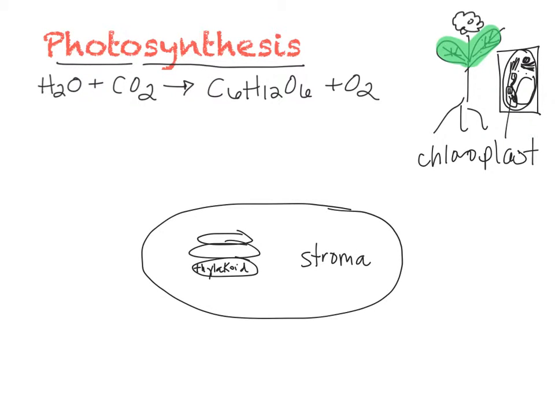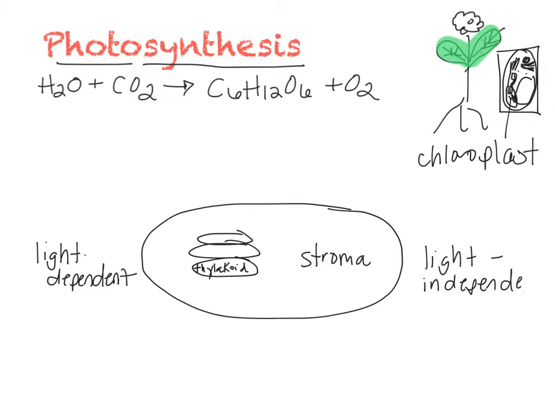Photosynthesis happens in two distinct steps. We have the light-dependent reaction, and then we have the light-independent reaction, also known as the Calvin cycle. You should probably know both.